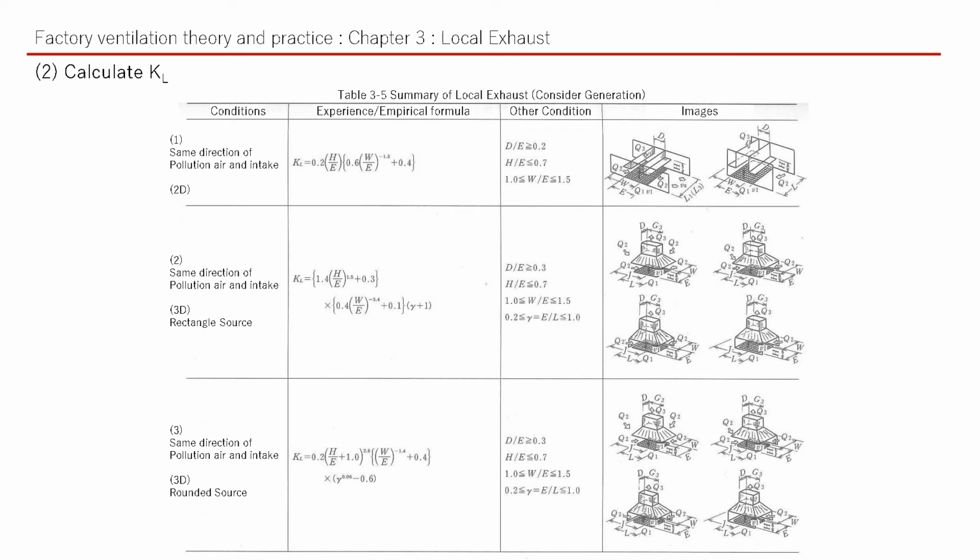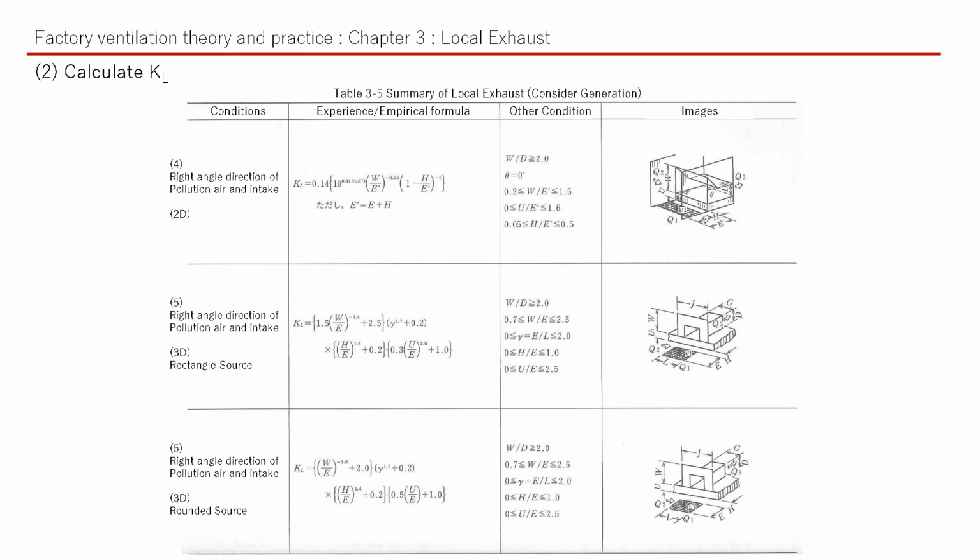How to select KL? Please see Table 3-5. This is the summary of types of exhaust. There is the formula to calculate KL based on the conditions. The next sheet has the same kind of table for a different type of exhaust hood.